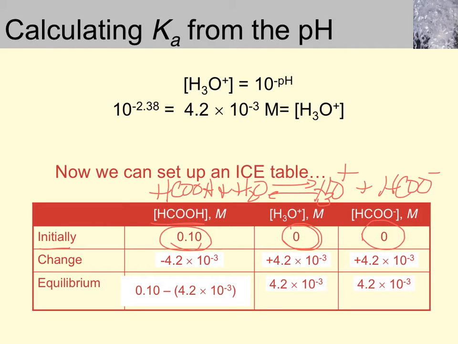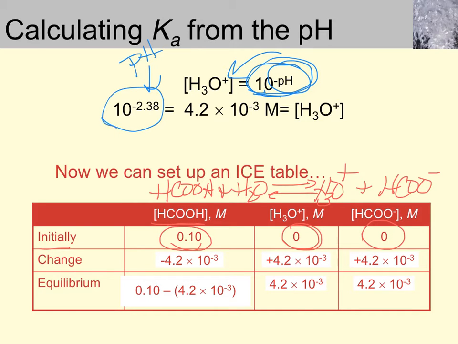And do we have any other information than that? Well, they gave us pH. What can we do with that? Well, it turns out if you have pH, you can find the concentration of hydronium ion. Remember the formula? It is 10 raised to the minus pH. The pH they gave us is 2.38.